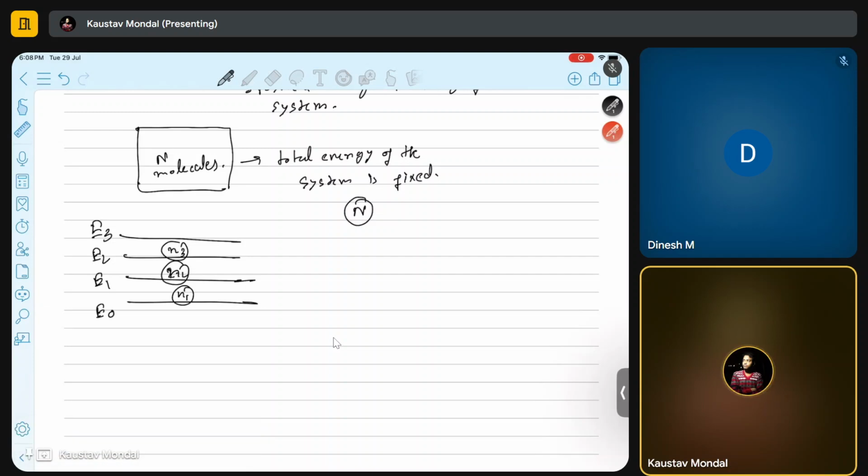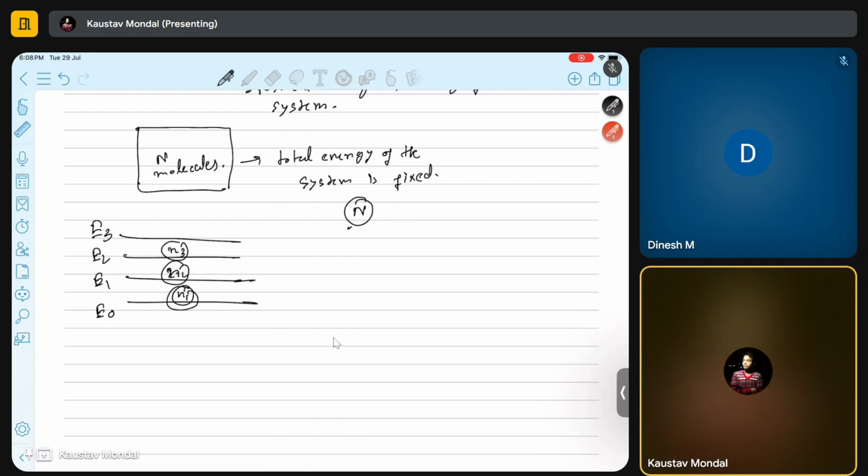Our main goal for today's topic is to evaluate how these n1 particles out of the total N particles are distributed in the level E0, similarly how n2 particles are distributed in E1. That distribution we want to find out.